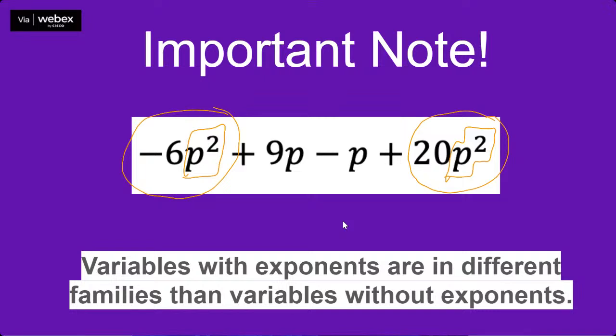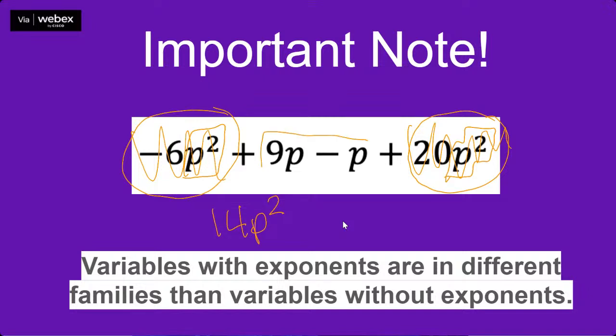So we have 20 minus 6, we have 14p squared. So we've gotten rid of these and these. So what's next? Next we'll do the 9p minus the p.